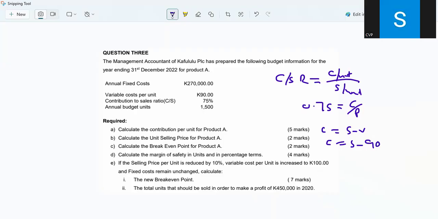Okay, so now we can substitute this. We'll go back to our initial formula. Here, for contribution, we're going to put selling price minus 90. So 0.75 equals selling price minus 90 over selling price.